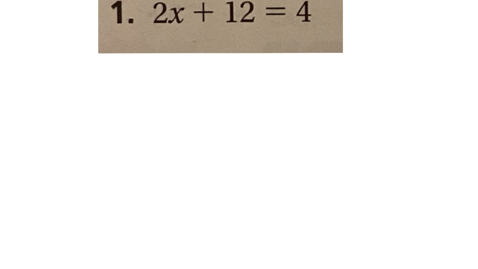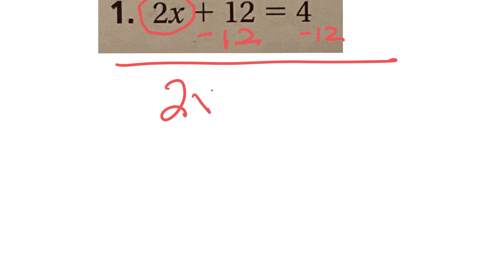I'm going to circle the variable and what it's connected to. So we have 2x plus 12 equals 4. So I'm going to get rid of that plus 12 first. And the way I do that is I subtract 12 from each side, so I'm still in balance.